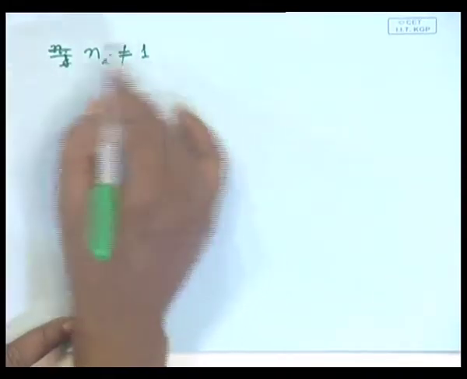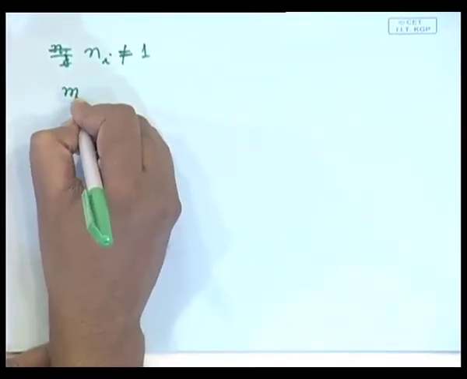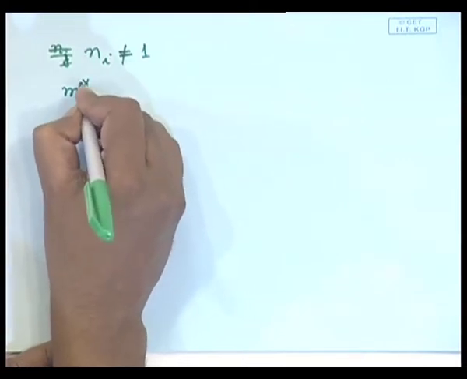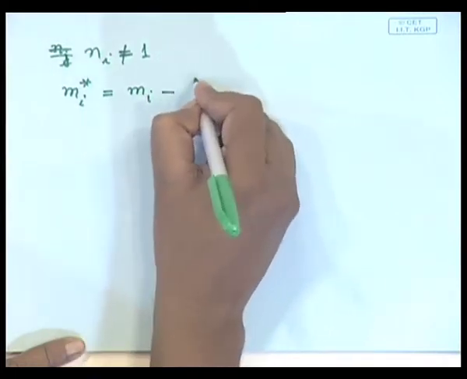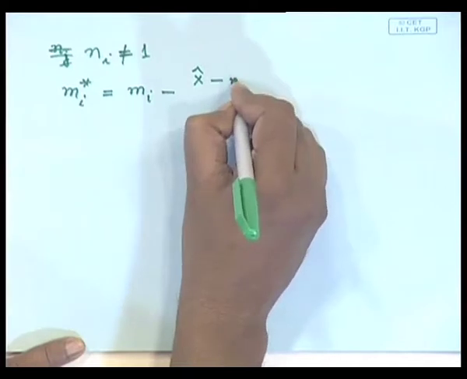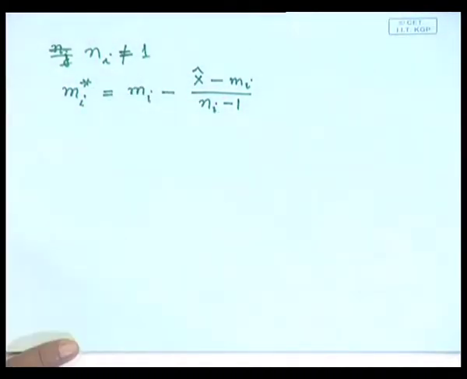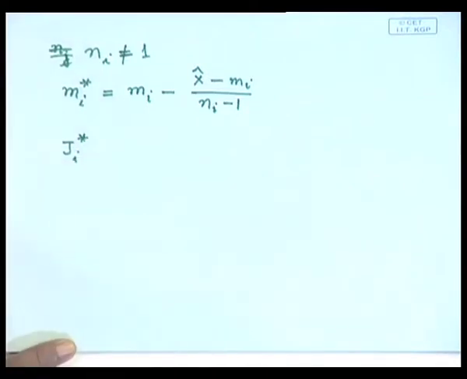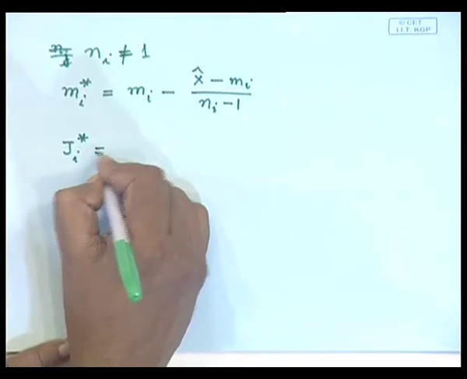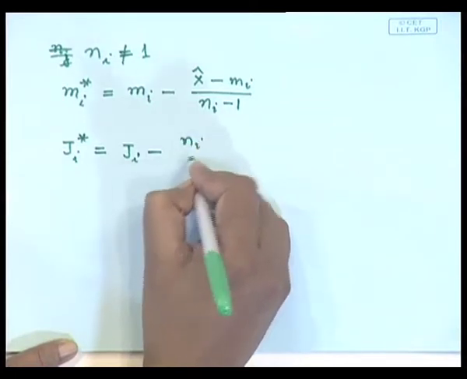So, having this condition that n I is not equal to 1, the cluster center for the ith cluster will be modified to m I star, which is equal to m I minus x hat minus m I upon n I minus 1. By similar calculation, you can find this. And similarly, the error within the ith cluster will be changed to X I star, which is X I minus n I by n I minus 1 into x hat minus m I squared.